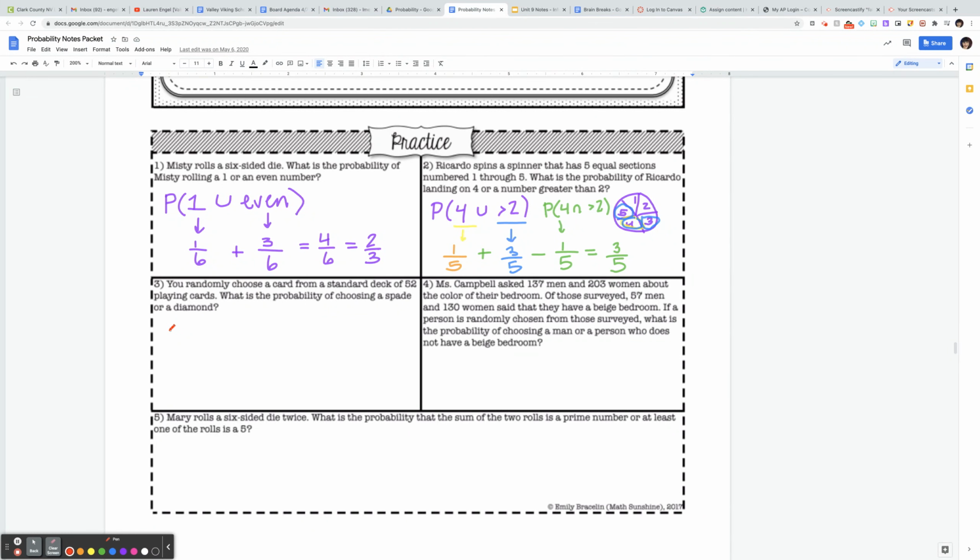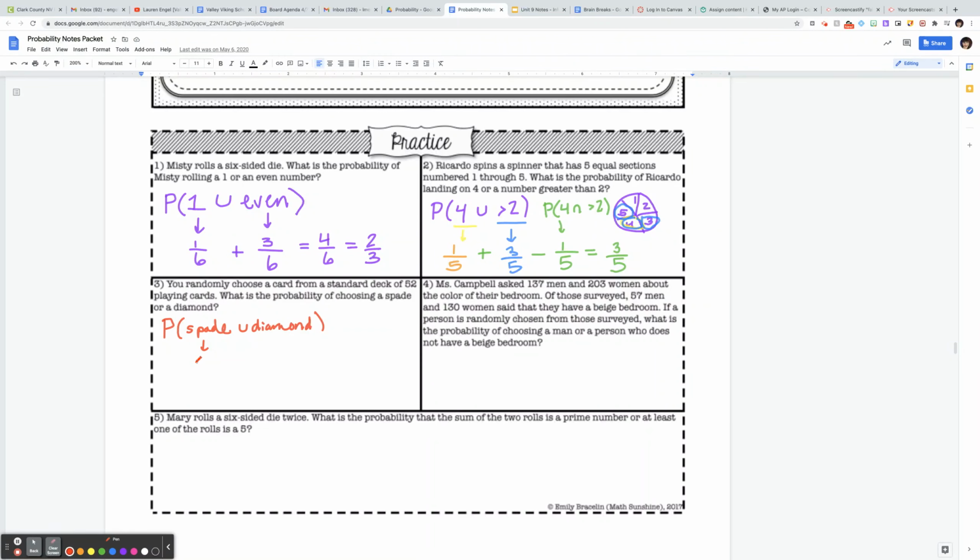Okay, so again, what that means is all you have to do is add the probabilities of the individual events together. So the way I would write this is I would say this is the probability of pulling a spade or pulling a diamond. Okay, so for each suit, there's 13 cards in each suit, right?